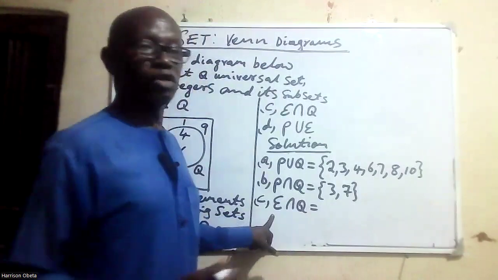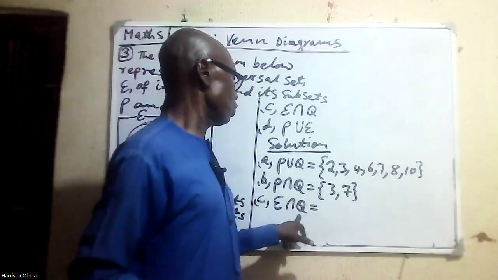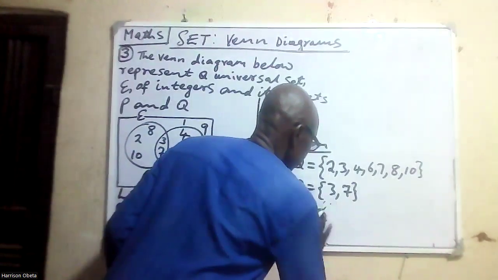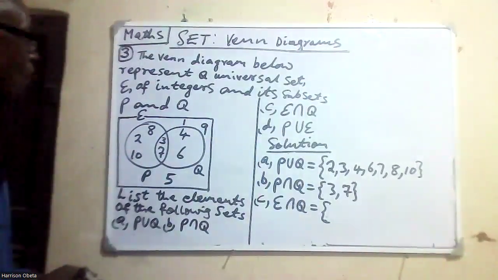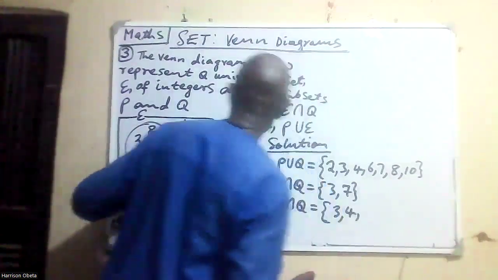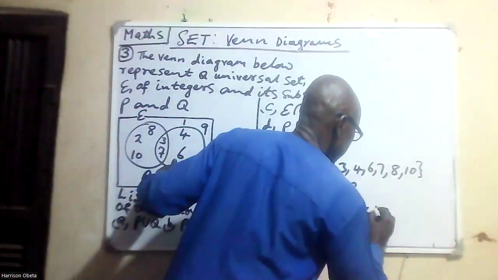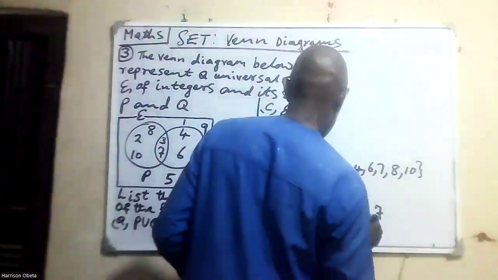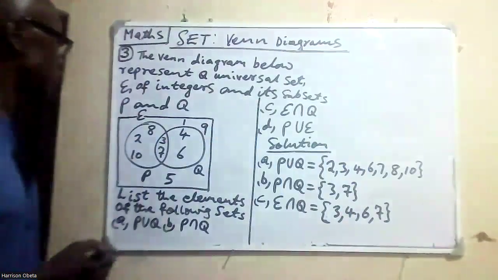Since the universal set contains all the elements, universal set intersection Q should be the elements in Q. You pick the elements in Q, and that should be 3, 4, 6, 7. That is what is common to both of them.